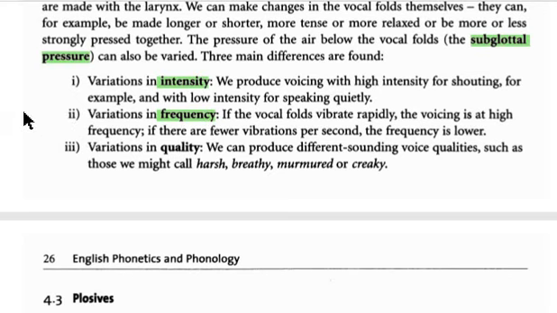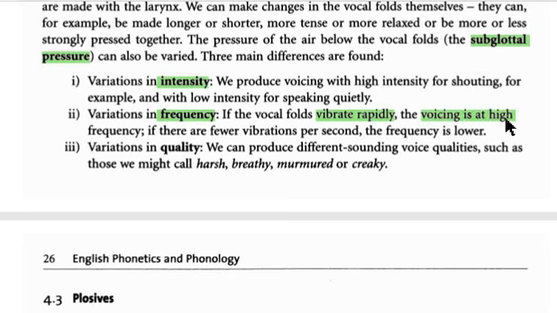You can raise and lower the frequency of your voice, depending on how many times per second the vocal cords vibrate.